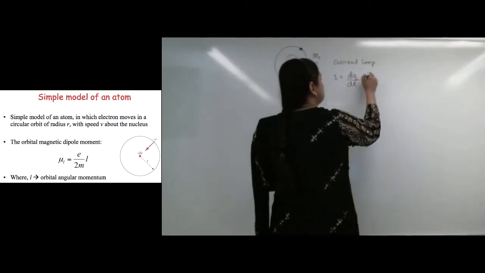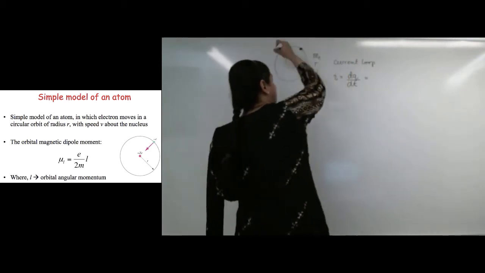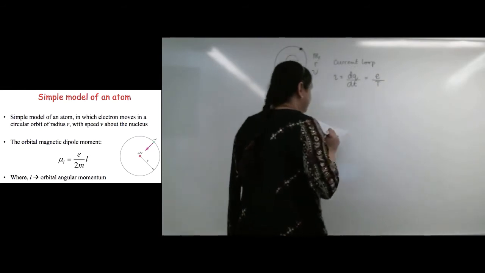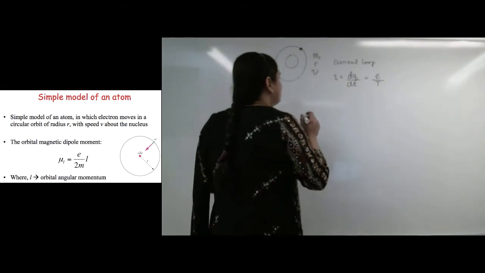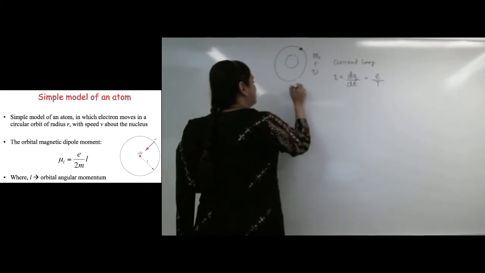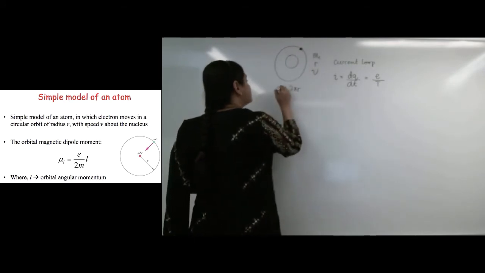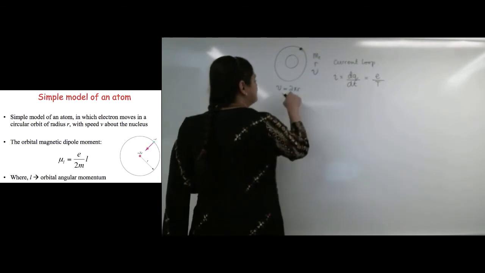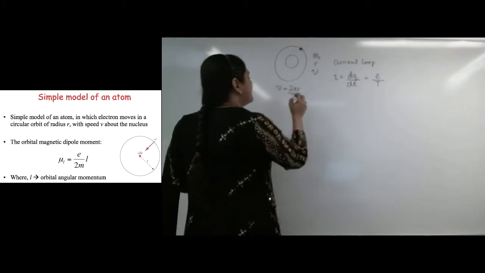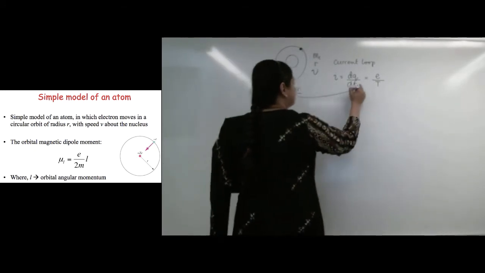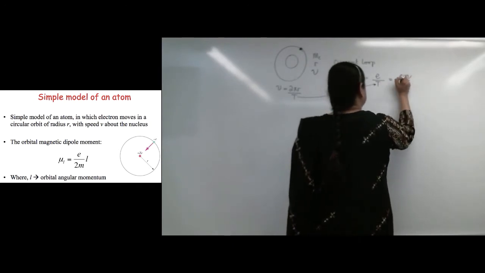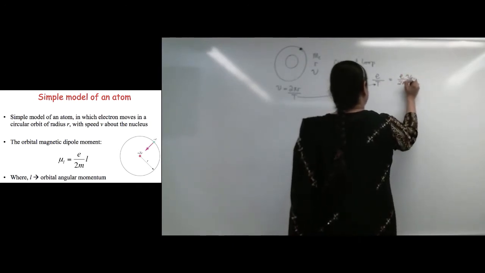But in this case, if I only consider one time that this electron goes around, it will have a charge e and a period T. I also know that the distance it will travel is 2 pi r, and the speed is 2 pi r divided by T, where T is the period. So I can replace T to give me I equals eV over 2 pi r.